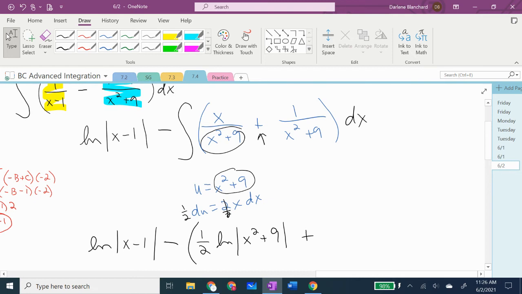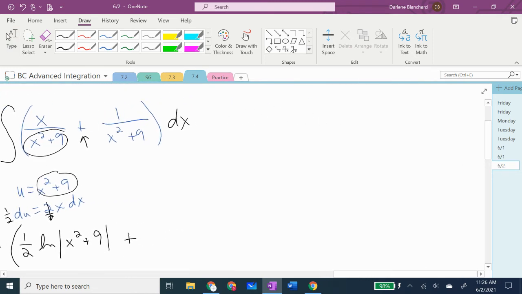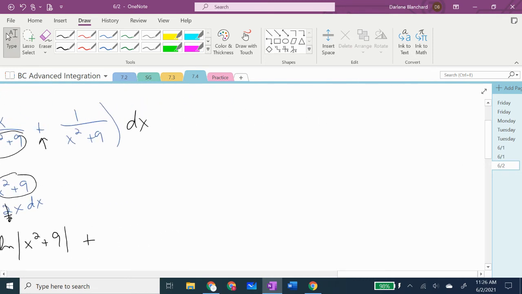When I go to integrate 1 over x squared plus 9, that I need to use trig substitution for. However, maybe you have memorized a formula and you want to spit it out, but where does that formula come from? When I have addition of my function being squared and my number being squared, I use tangent.